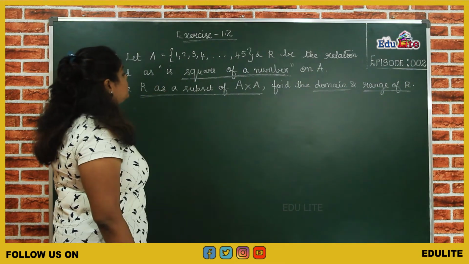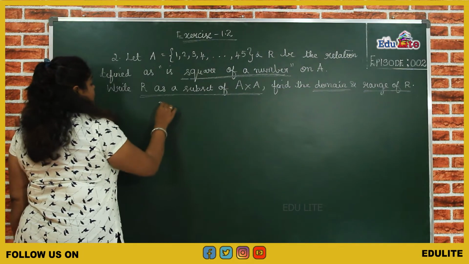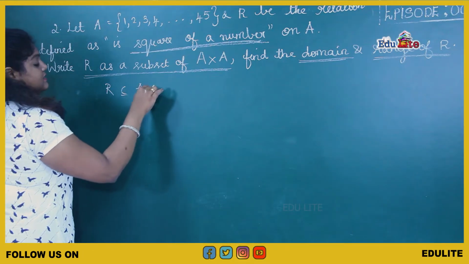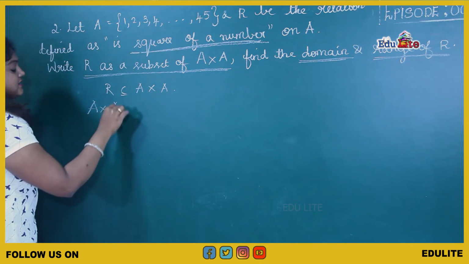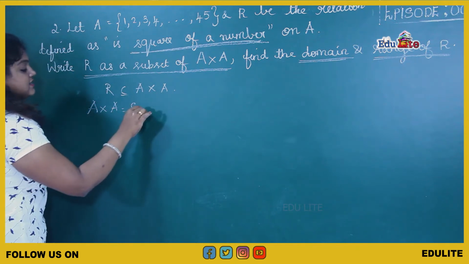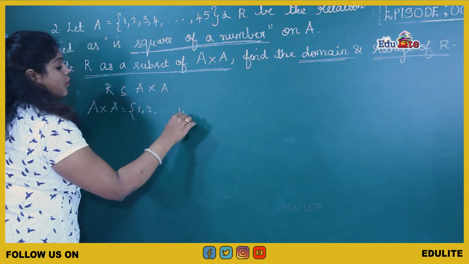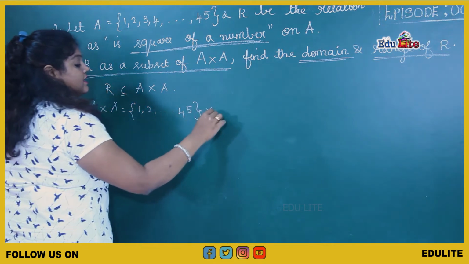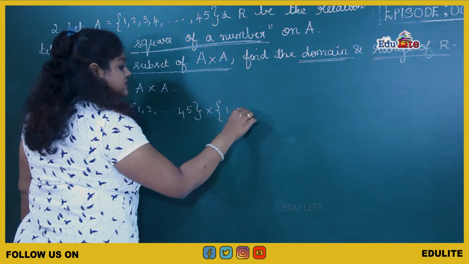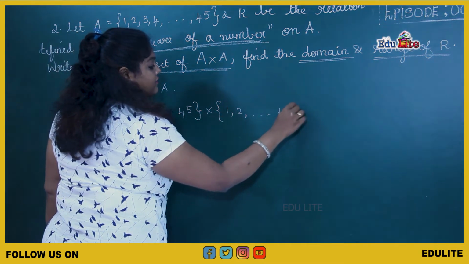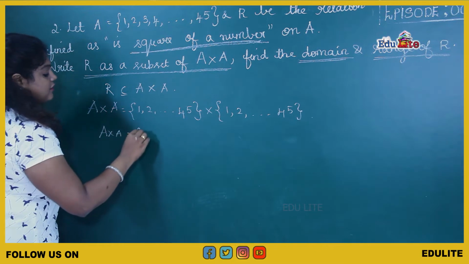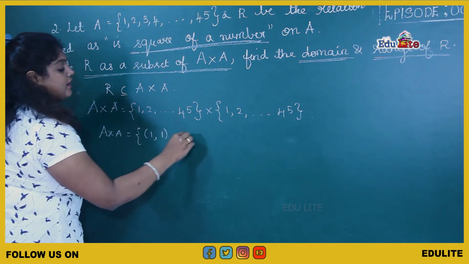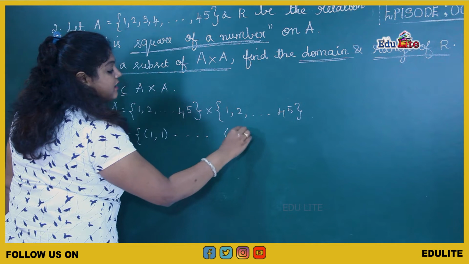First, R is a subset of A cross A, where A cross A is written as: A is the set of elements 1 to 45, cross product with the same set 1 to 45. So A cross A will be the set of all ordered pairs starting from (1, 1) and ending at (45, 45).